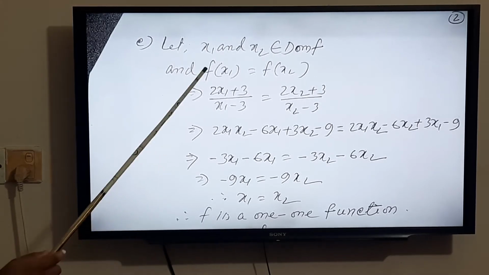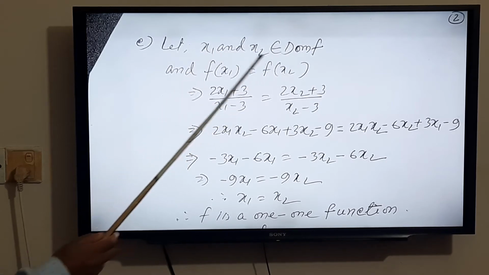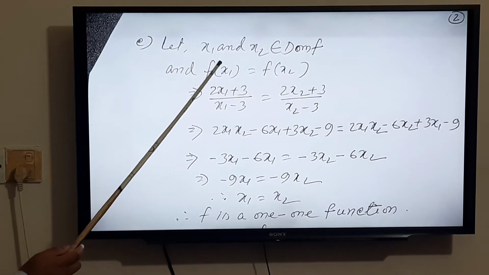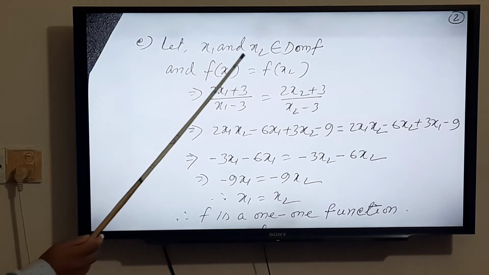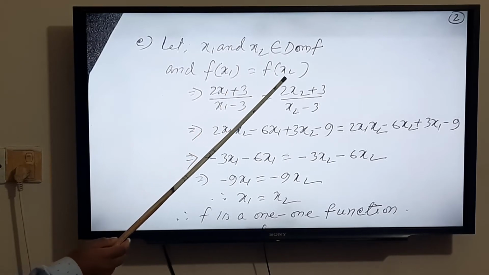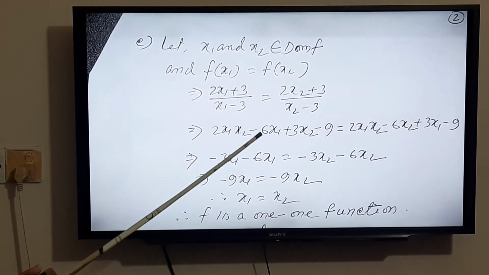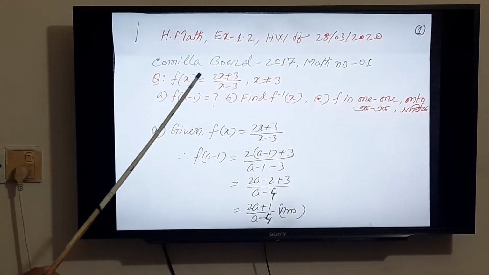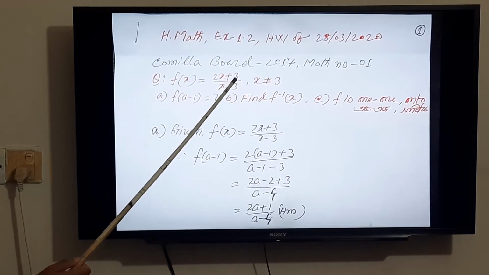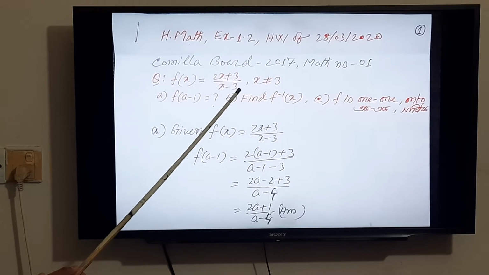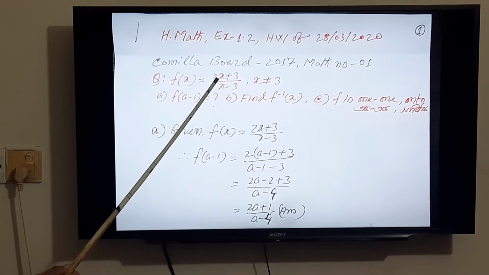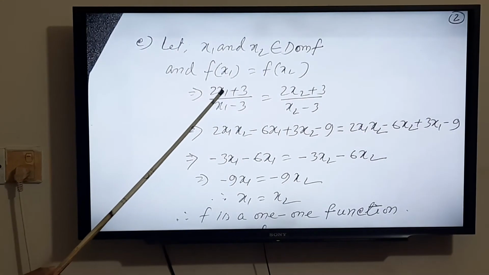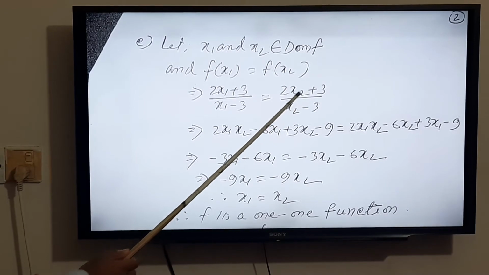Then for x1 the range is f of x1, and for domain x2 the range is f of x2. So here f of x is equal to this. For x1, it will be 2x1 plus 3 over x1 minus 3. For x2, it will be 2x2 plus 3 over x2 minus 3. Okay, this is for the cross multiplication.